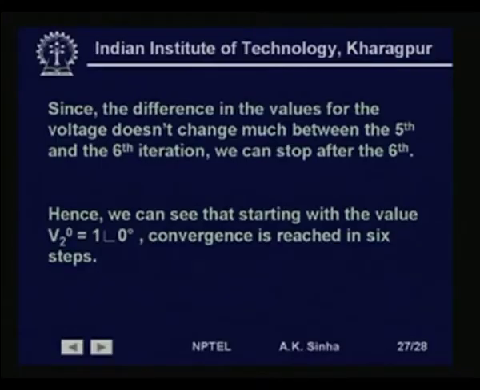Therefore, starting with a guess value of 1 angle 0 degree for V2, we achieved a converged solution in 6 iterations for this simple system using the Gauss-Seidel iterative method.